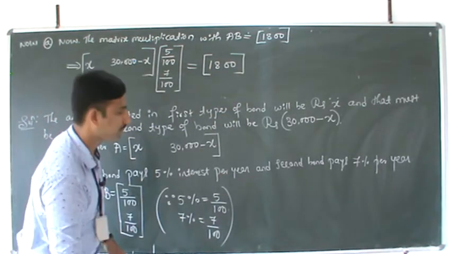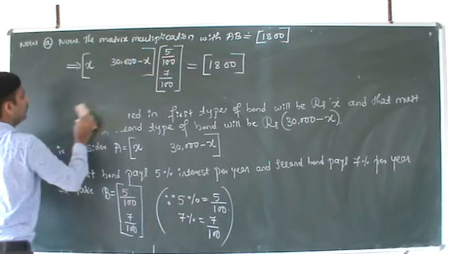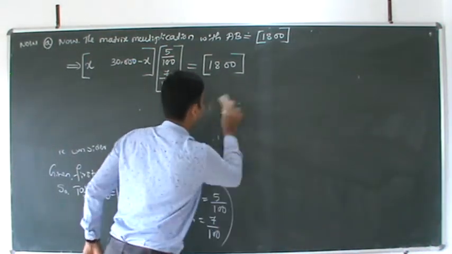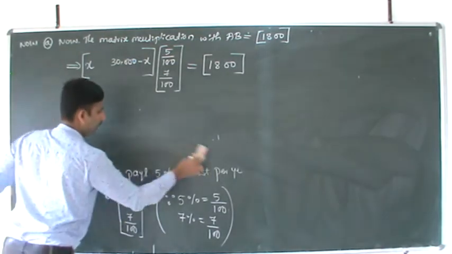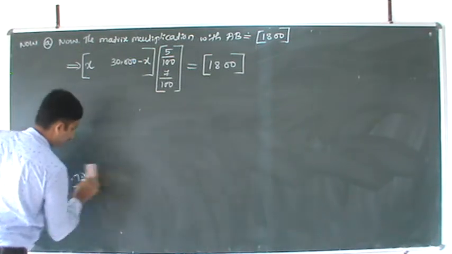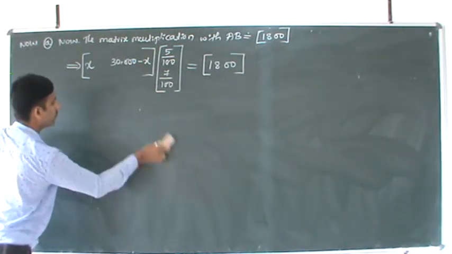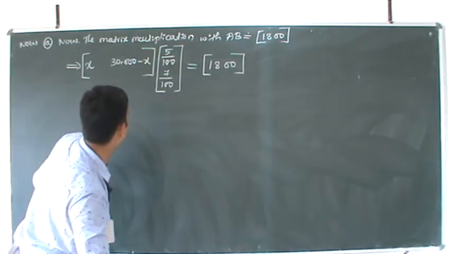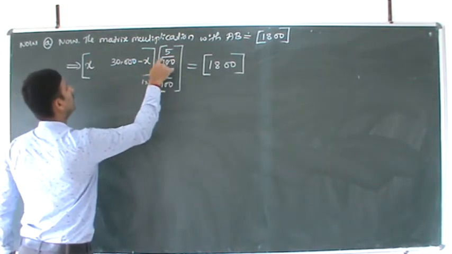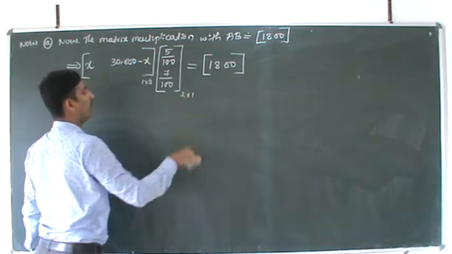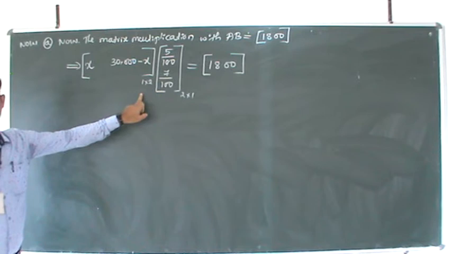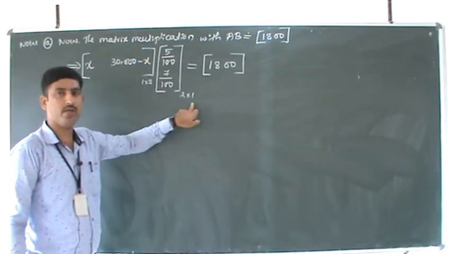Correct? Now multiplication. Matrix A has order 1 cross 2 and B has order 2 cross 1.